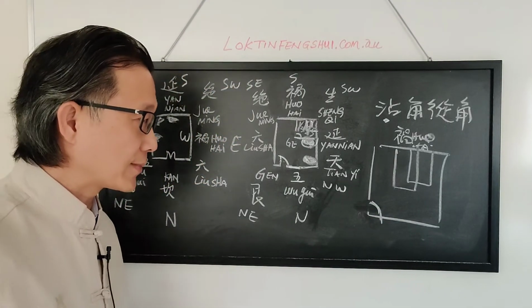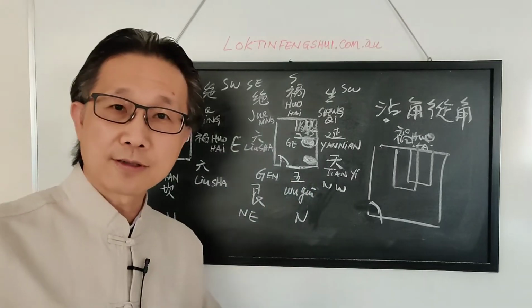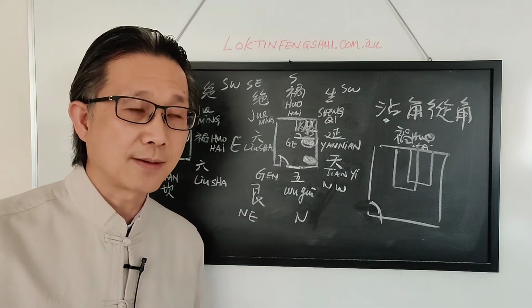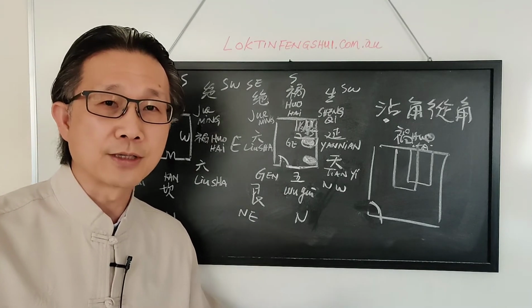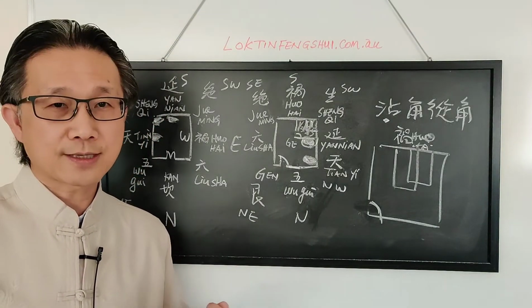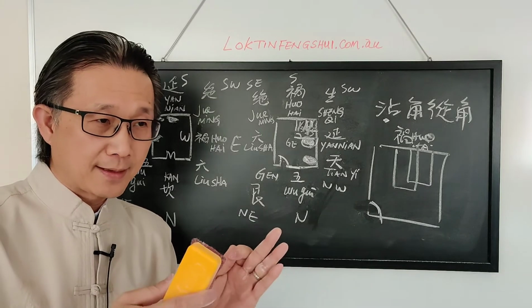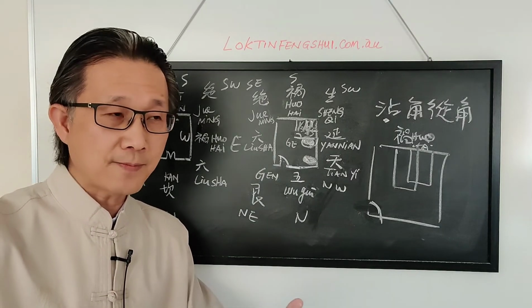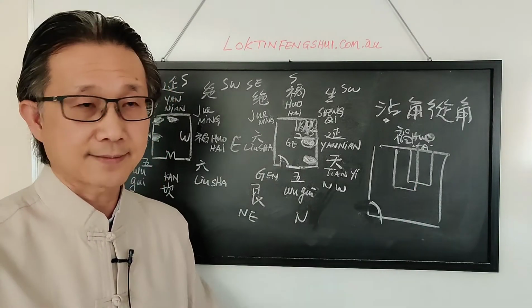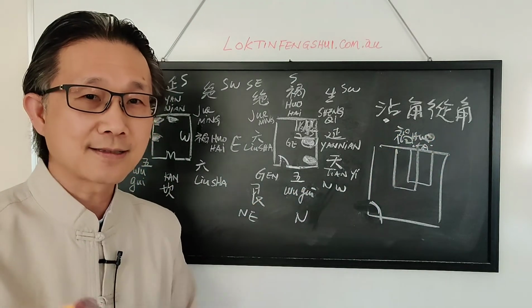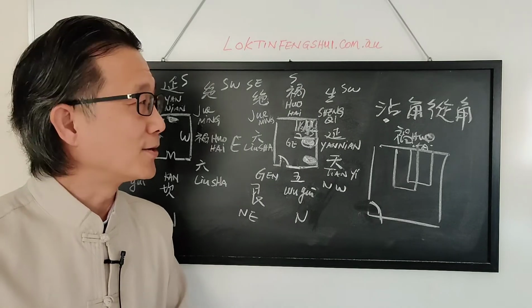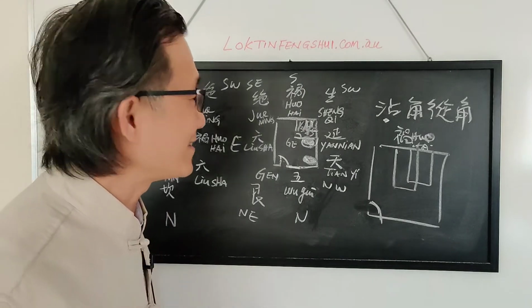Because in an apartment type of bedroom, you cannot change any structure. All you can change is move yourself to a good area by doing this. So touch the corner, follow the corner, 尖角重角 or 尖角重角 in Cantonese.